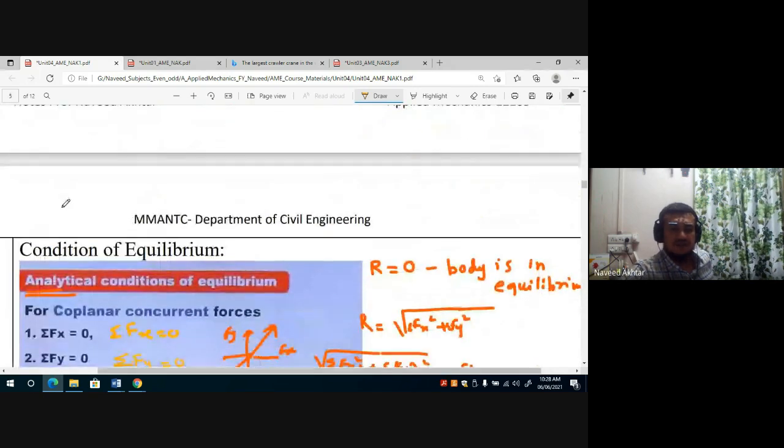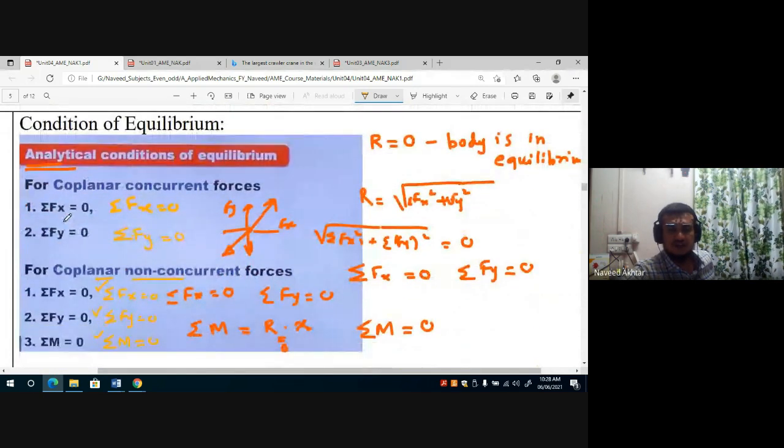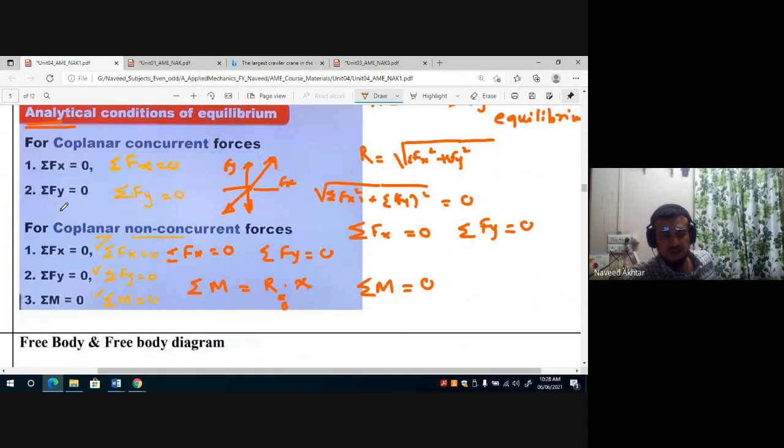Then we will see the conditions of equilibrium. What are the conditions of equilibrium? That is, the summation of Fx is equal to 0, summation of Fy is equal to 0, and for a non-concurrent force system, that is where R value is 0, the summation of M is equal to 0, the additional term.